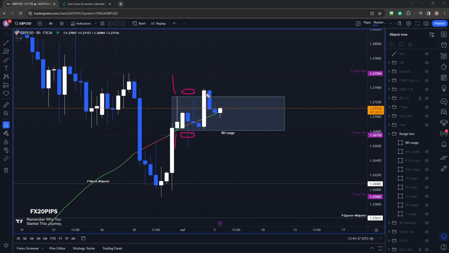Right here we have a candle close above, and remember my theory of looking at the second candle, where it goes right back in. So again for today, we still haven't had any close on top or bottom, so this 8-hour range box is still valid based on this candle.